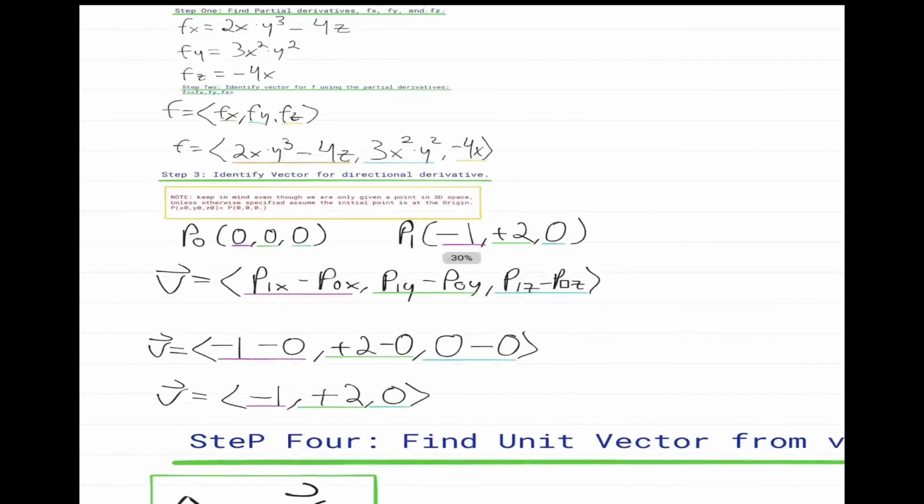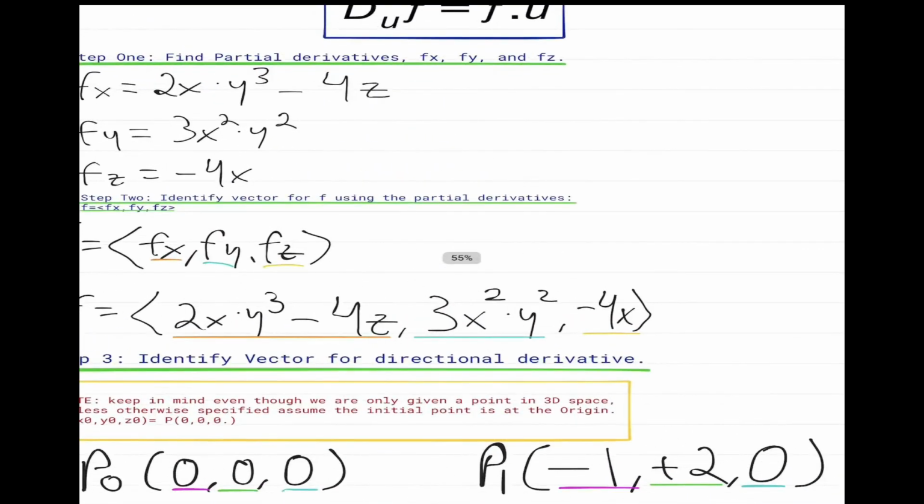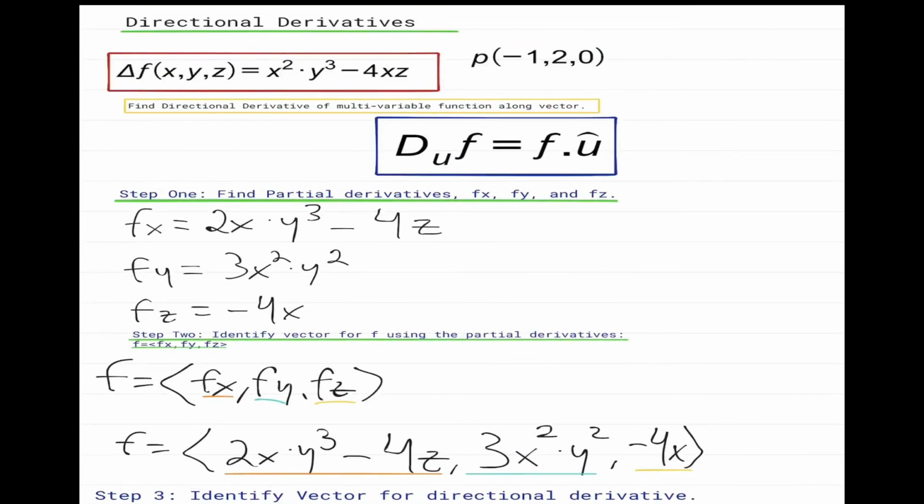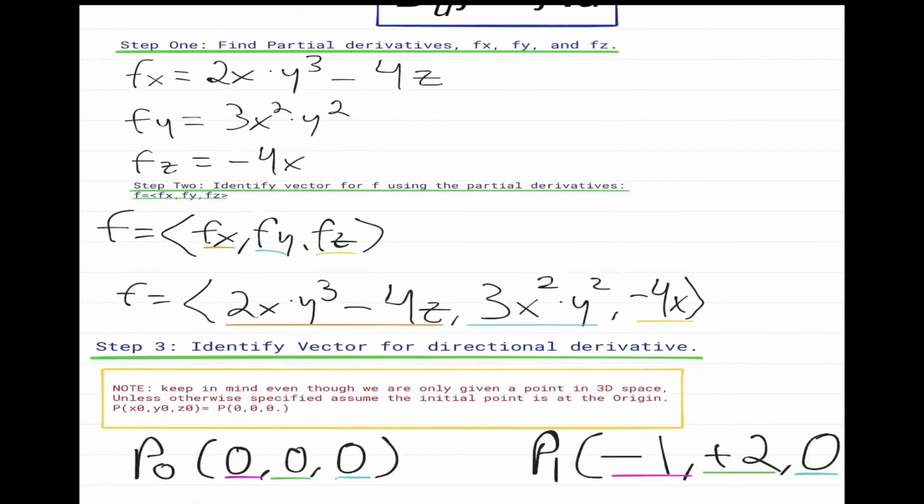So what did we do in a nutshell? Well, we did quite a bit. The first thing we did was our function was x squared times y cubed minus 4xz at the point of negative 1, positive 2, and 0. The first thing we did was find partial derivatives.